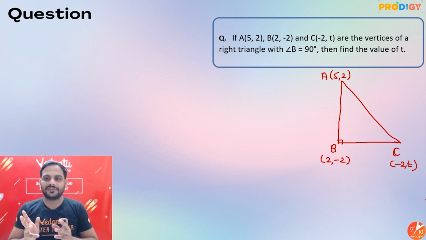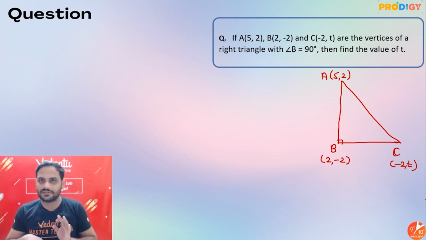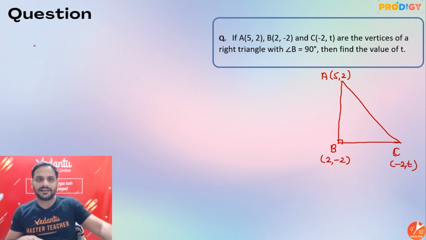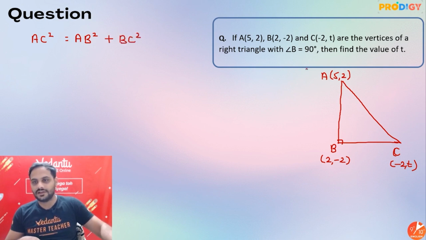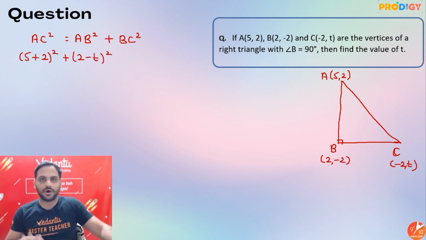So yaar, if it is a right angle triangle, first let's find out all the three distances. And the main thing is, since it is a right angle triangle, I can definitely say that AC square is equal to AB square plus BC square. So the distance AC will be (5 minus of minus 2) is 5 plus 2 whole square plus (2 minus T) whole square. Since it is whole square over there, the square root is gone.